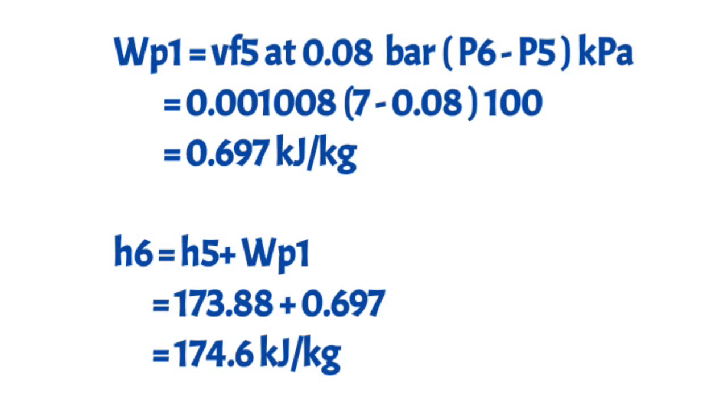So WP1 is equal to VF5 at 0.08 bar multiplied by (P6 minus P5), which is equal to 0.001008 times (7 minus 0.08) multiplied by 100, which is equal to 0.697 kilojoule per kilogram. Now we will calculate the enthalpy at point 6, that is H6 is equal to H5 plus WP1, which is equal to 173.88 plus 0.697, which is equal to 174.6 kilojoule per kilogram.